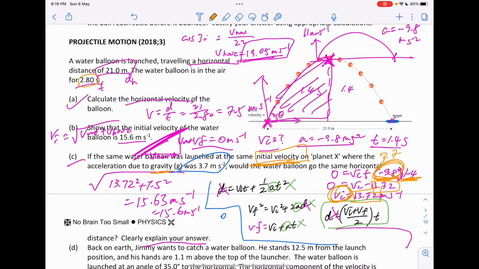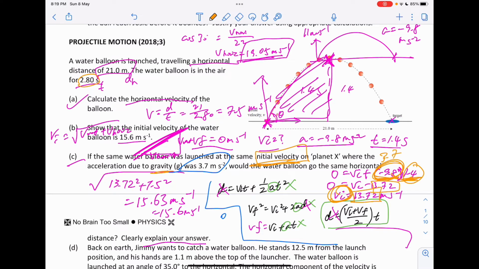It'll become something like, I don't know. Well, it has to be bigger than this, because 13.72 divided by 3.7 is going to be bigger than 1.4. So that number doubles, and that's going to be bigger than 2.8.